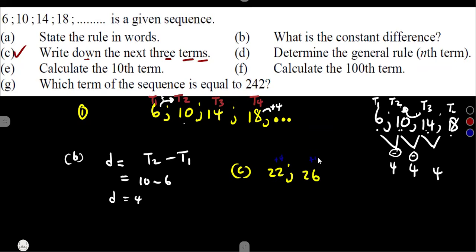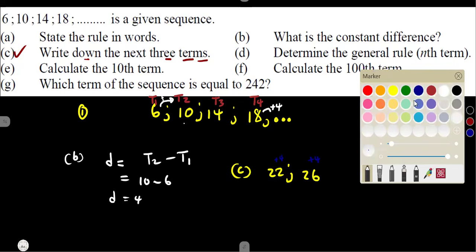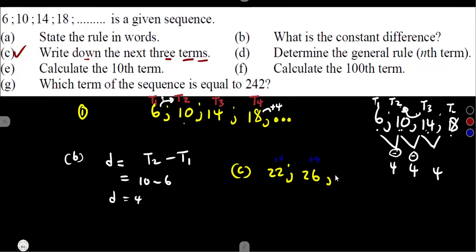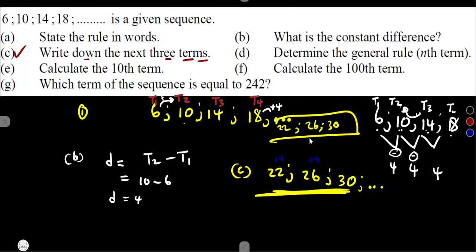We add a 4 again, we need the next 3 terms. 26 plus 4 is 30. So from this sequence, the next 3 terms are 22, 26, 30.